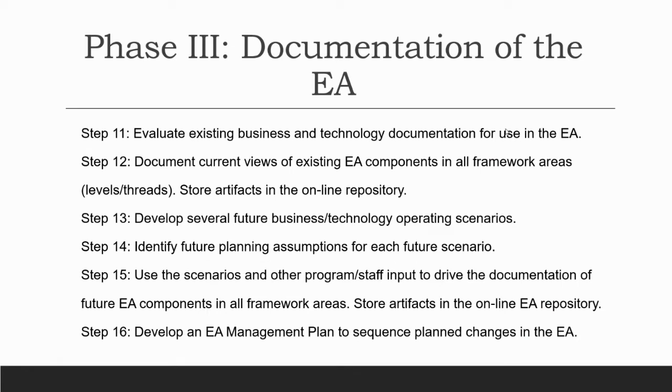Let's proceed to phase three of the EA program implementation, with the title Documentation of Enterprise Architecture. In phase three, these are the activities where the EA is really developed in the form of documentation artifacts. This entails examining and documenting the enterprise's present strategy, business, information, services, and infrastructure.